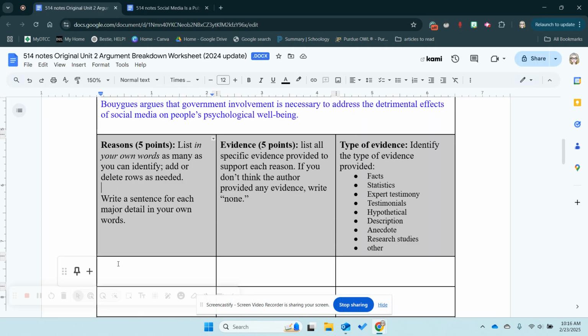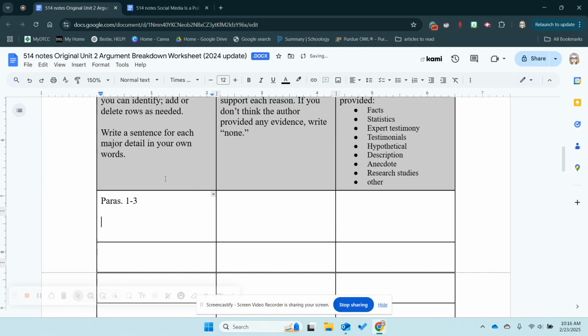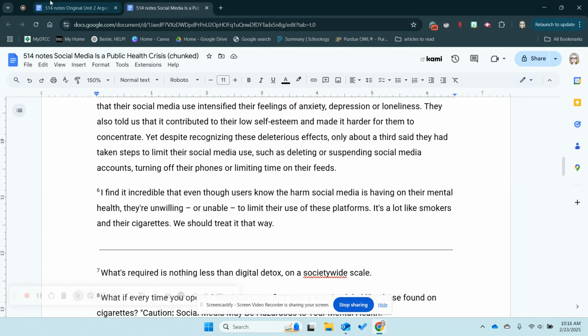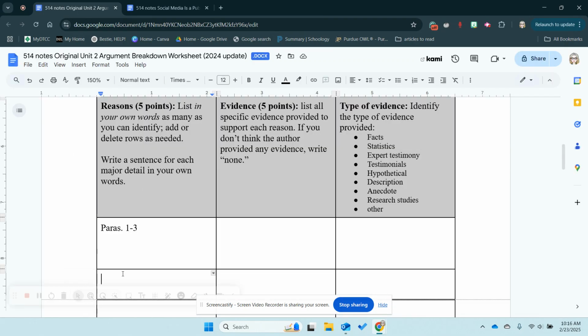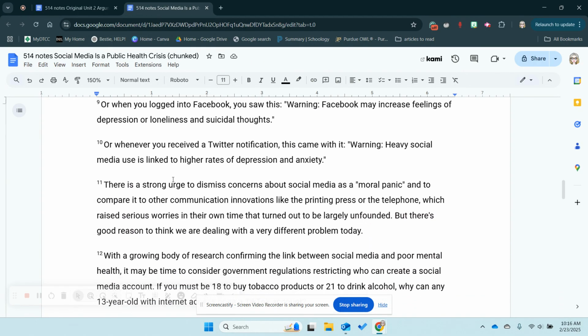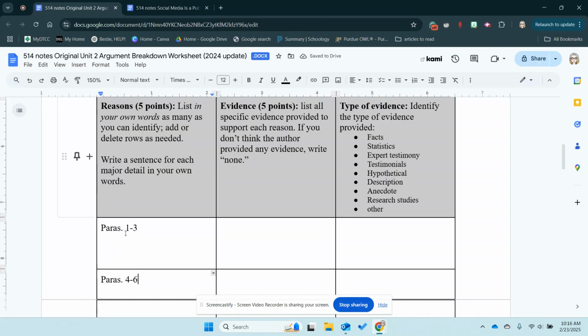So I'm going to go here and just give you a reminder, paras 1 to 3. The next chunk is 4, 5, 6. Paras 4 to 6. The next chunk is 7, 8, 9, 10, 11, 12, 7 to 12.